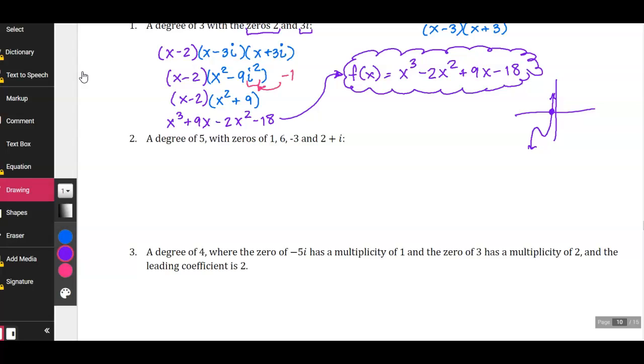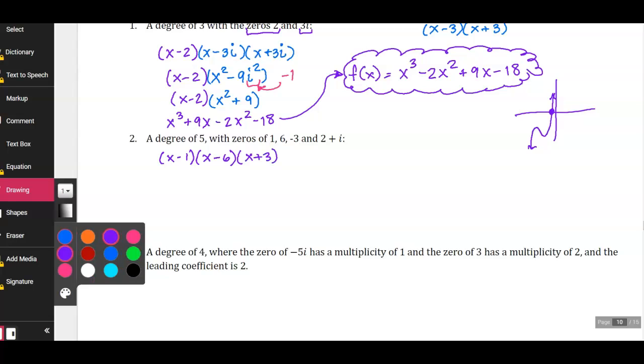All right. So here, this is the degree 5. So this is actually a much larger problem with zeros 1, 6, -3, and 2 plus i. How would I write the factors if my complex zero is 2 plus i?